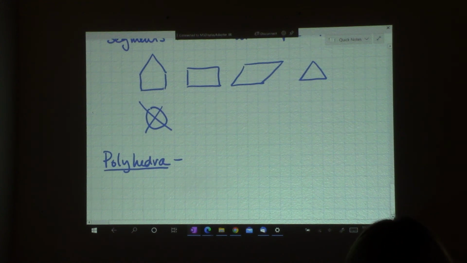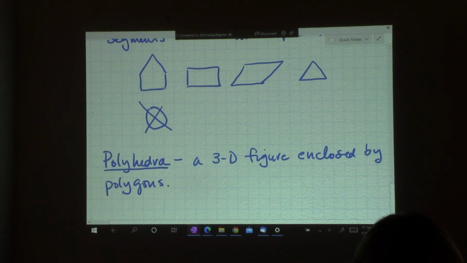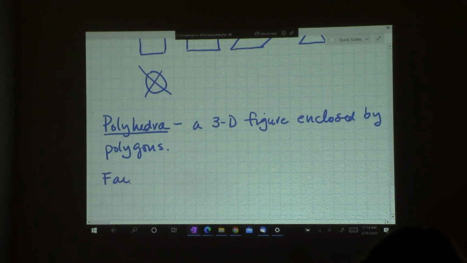Polyhedra. This is a 3D figure enclosed by polygons. Okay. And the next word is faces. These are polygons that are the sides.